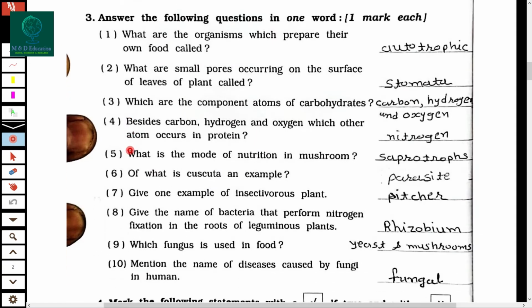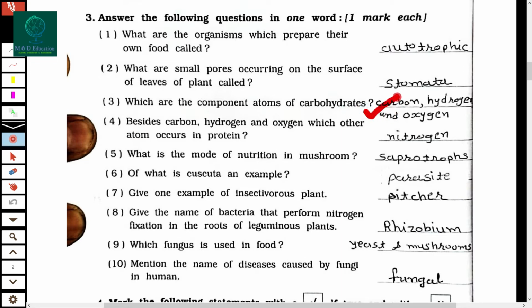Okay, now the one word question answers. What are the organisms which prepare their own food called? It's autotrophs. What are the small pores on the surface of the leaves of a plant called? It's stomata. What are the component atoms of carbohydrates?